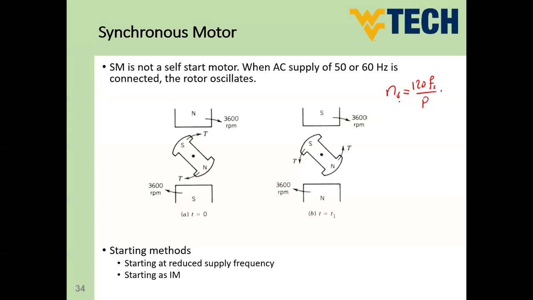Normally, this synchronous speed is also the mechanical speed and field speed inside the machine, which means if I have a three-phase machine and I supply the three-phase supply to the armature winding, the field will rotate in the air gap with this speed.